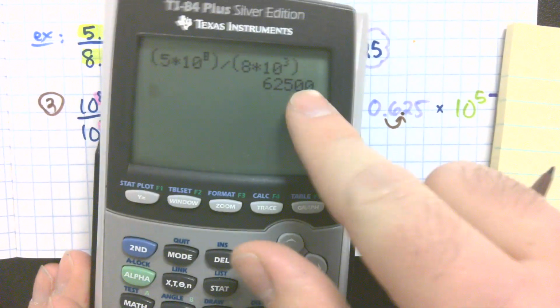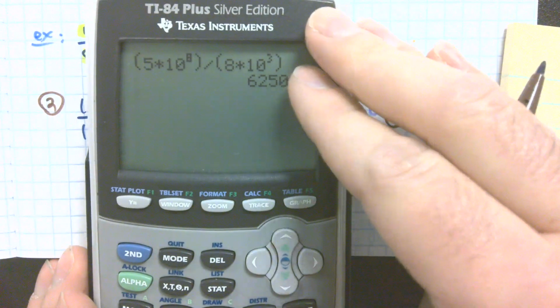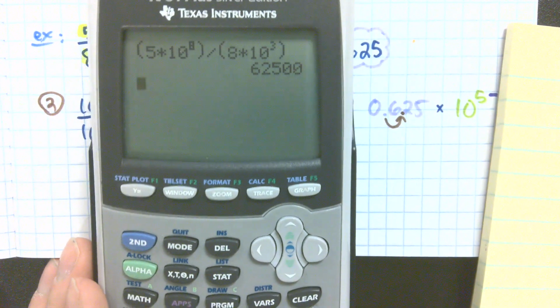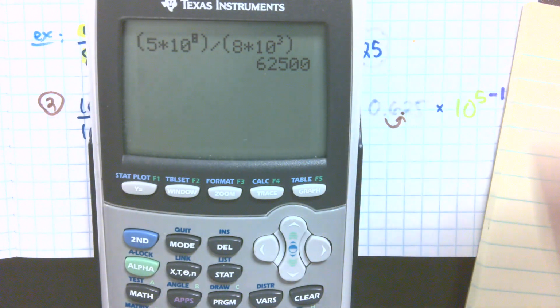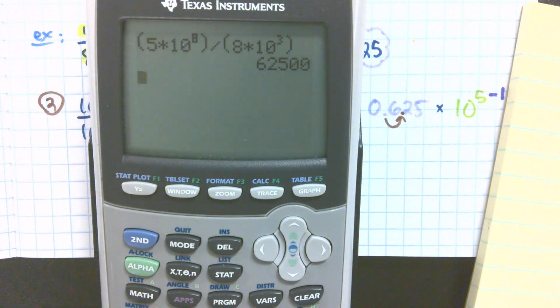So we verified it. Obviously, you probably don't have this calculator. That's fine. You're not going to need it until you're, I don't know, a sophomore in high school. But we can plug that in and get the answer just like that.